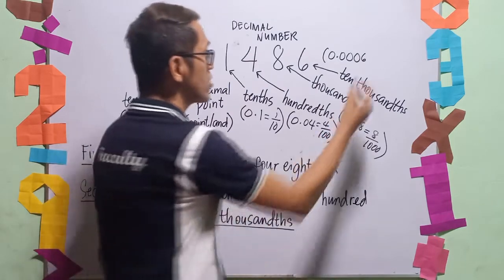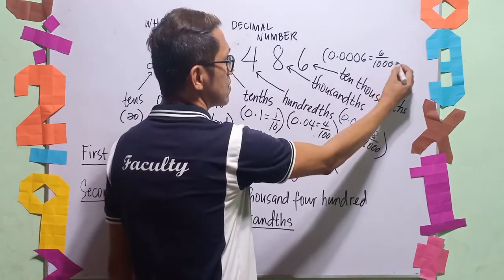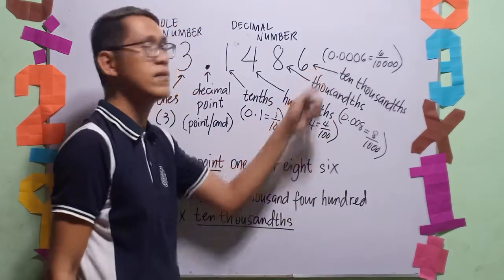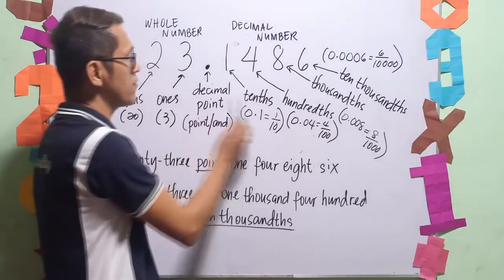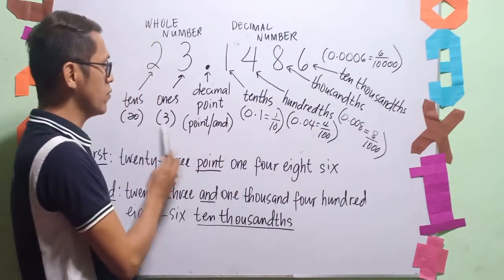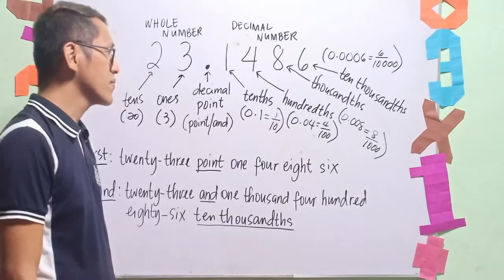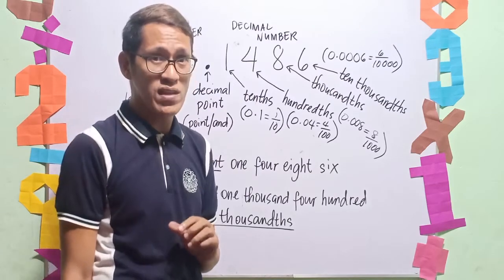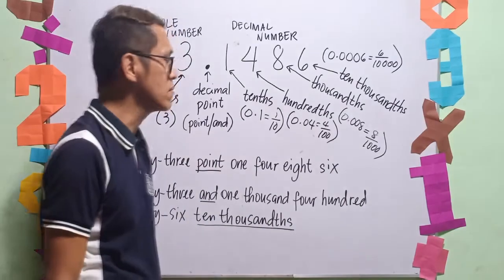Or in fraction, that's 6 over 10,000. So these two are just the same. That's the value of the digit 6. So here we have the place value, and here we have the value of each digit. Now let's go to the proper way of reading decimal numbers or mixed decimal numbers.